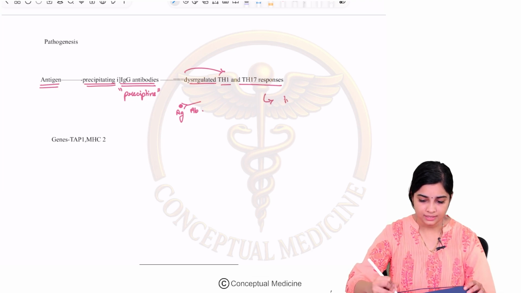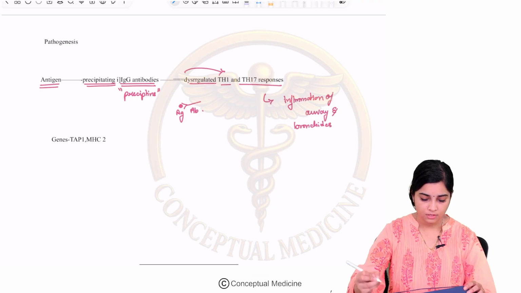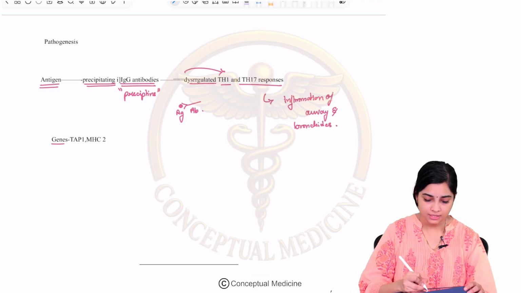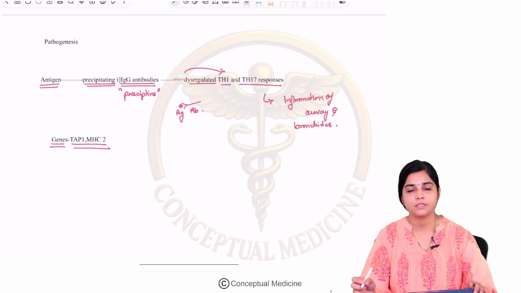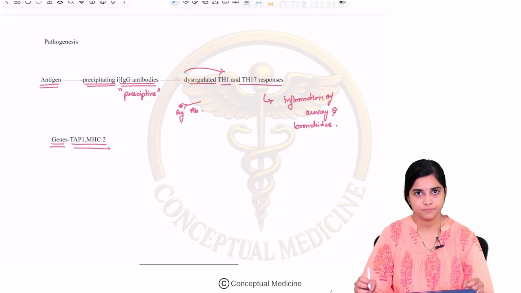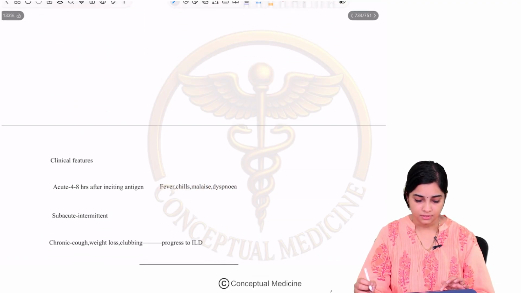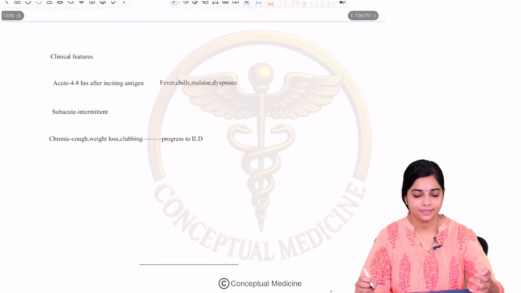This finally results in uncontrolled, excessive inflammation of the airways and bronchioles. Okay, there are some genes which are associated with genetic predisposition. Remember TAP1 gene and MHC2 mutations. Clear?